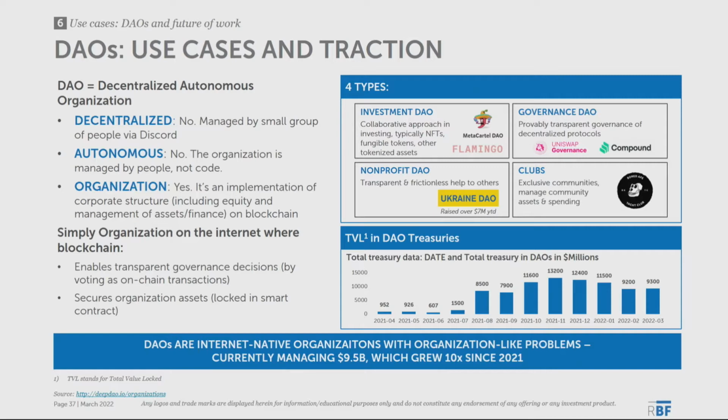So first, the abbreviation stands for Decentralized Autonomous Organization. But when looking at practice, the DAOs themselves are neither decentralized nor autonomous, but they are still organizations. They are, in fact, internet-native organizations. What does that really mean, one might ask?